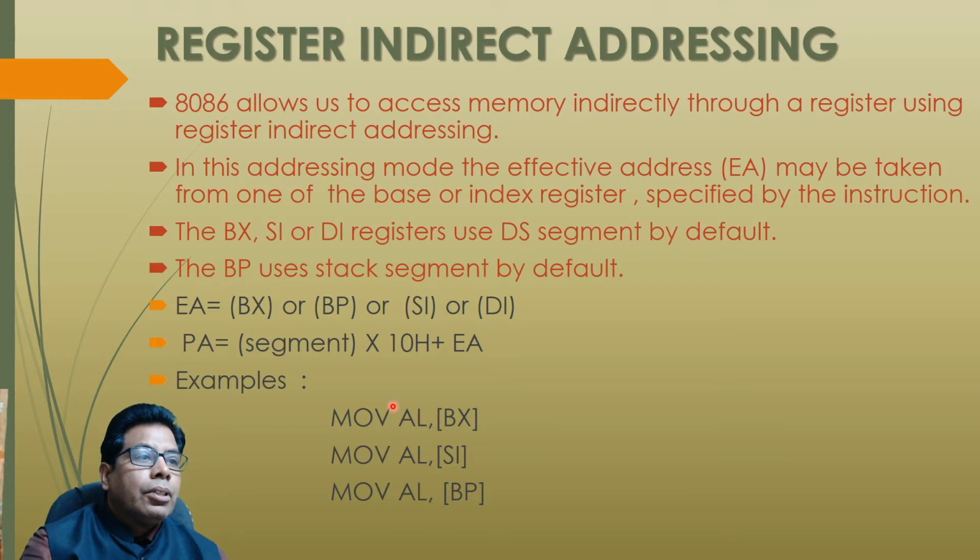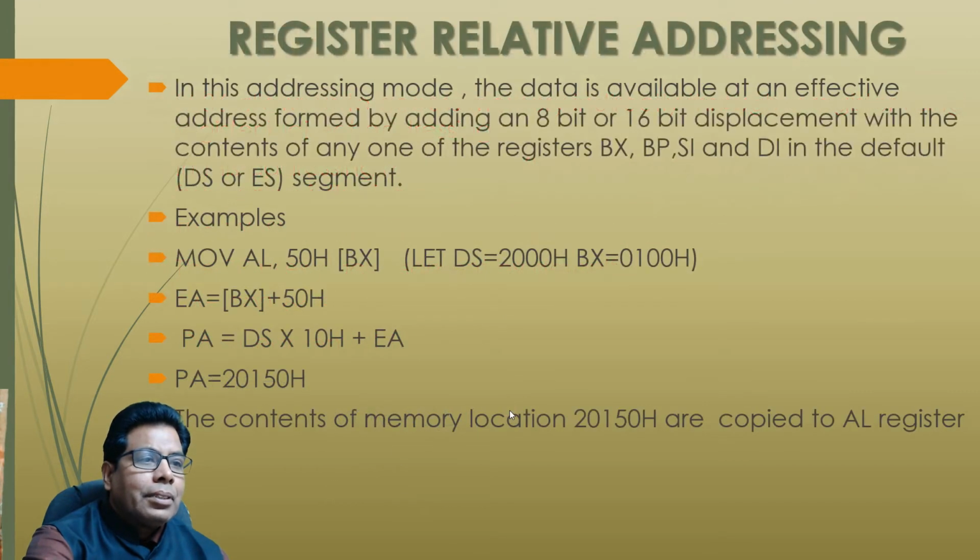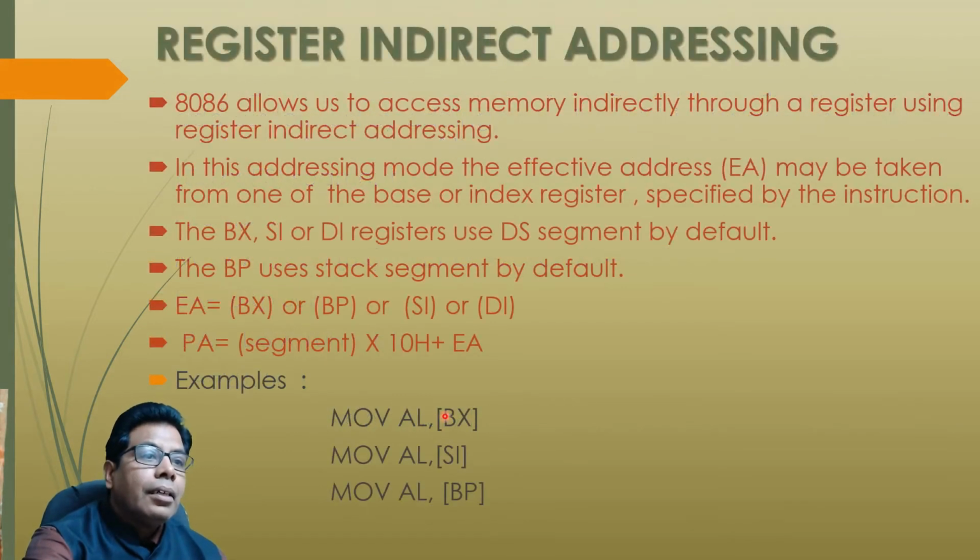Now the effective address will be BX or BP or SI or DI, one of these, and the physical address will be segment multiplied by 10H plus EA. So if the segment is DS, it will be DS multiplied by 10H plus EA. Now let us take the examples. Here move AL comma BX.